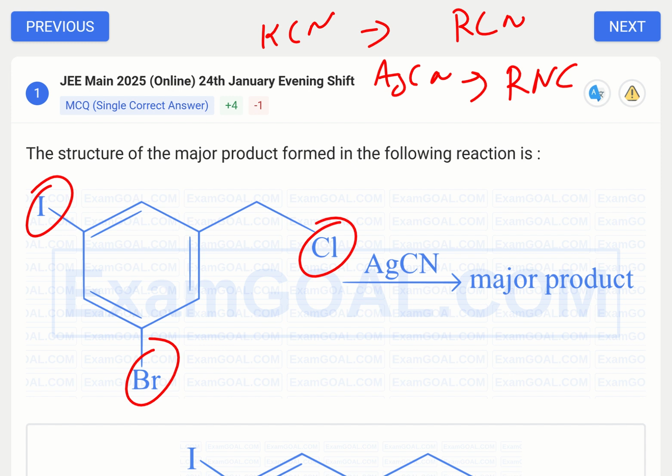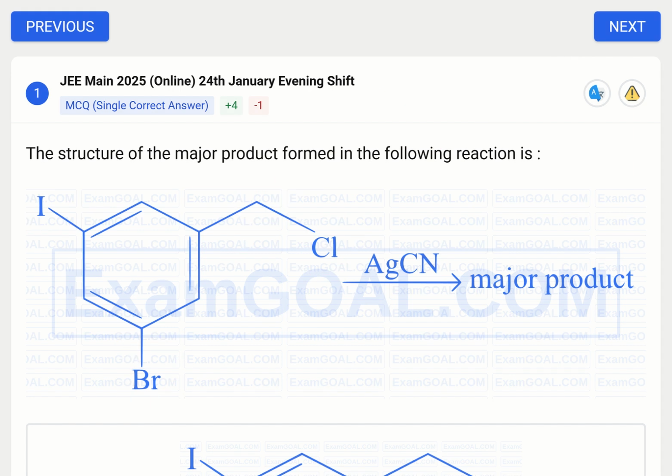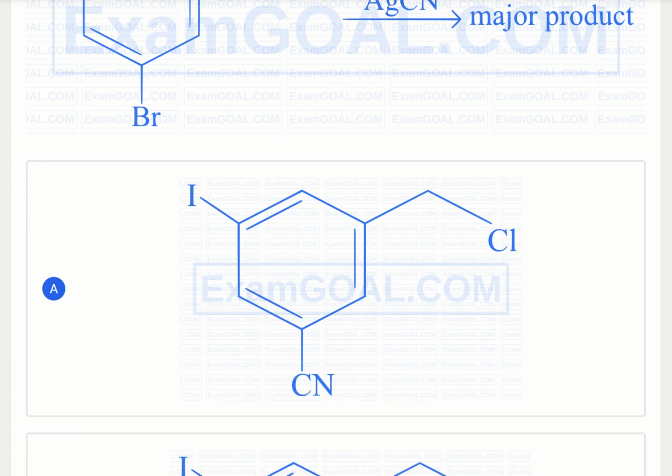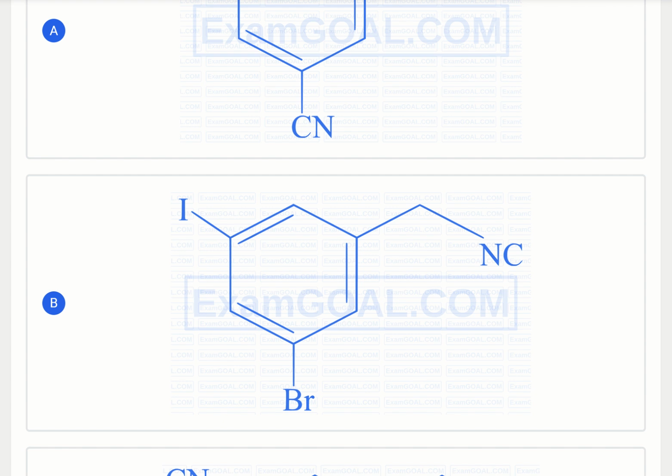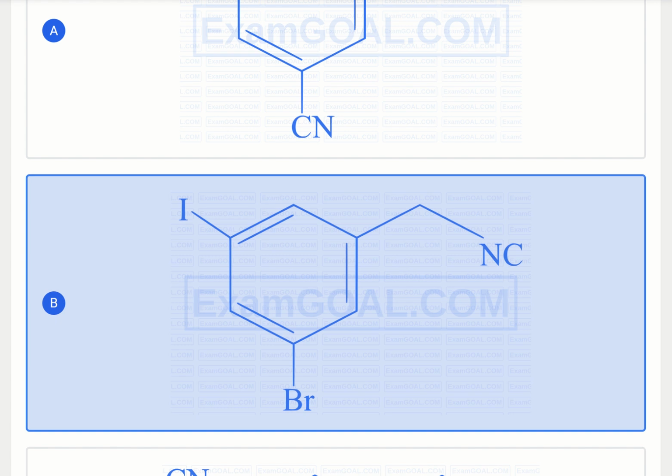Now if we remove iodine, the positive charge will be on the benzene. Remove bromine, positive charge on the benzene. Remove chlorine, there you will get a benzyl carbocation. Now out of the 3 carbocations, which one is the most stable? This one. So definitely it will form NC at the carbon belonging to chlorine. So A is not our option. B is our option, because we got NC by removing chlorine.